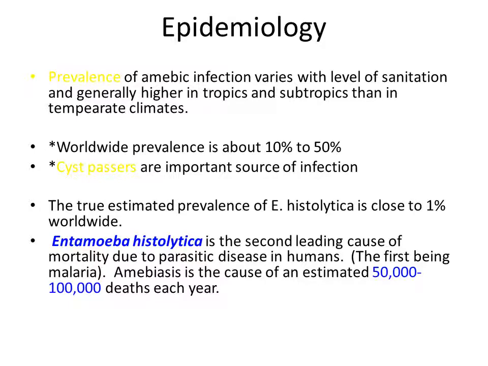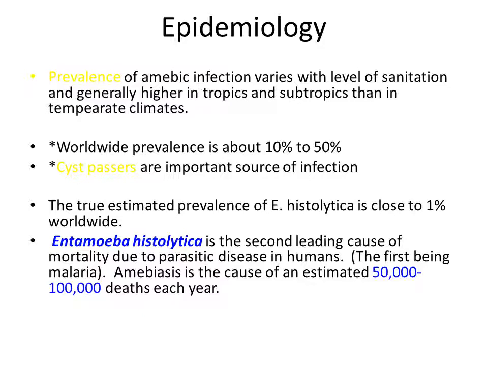Epidemiology. Prevalence of amoebic infection varies with the level of sanitation and is generally higher in the tropics and subtropics than in temperate climates. Worldwide prevalence is about 10% to 50%. Cysts are the important source of infection.